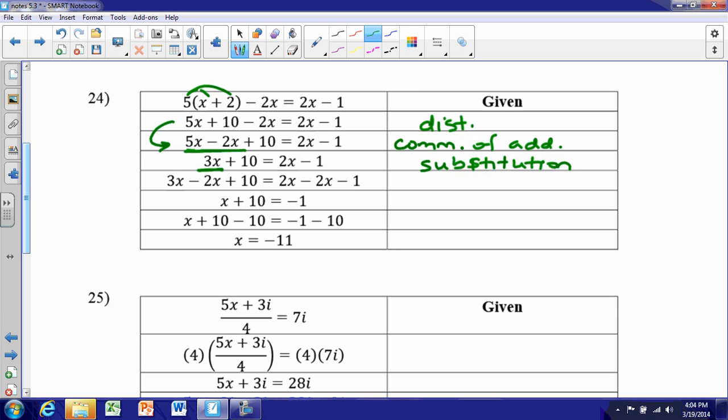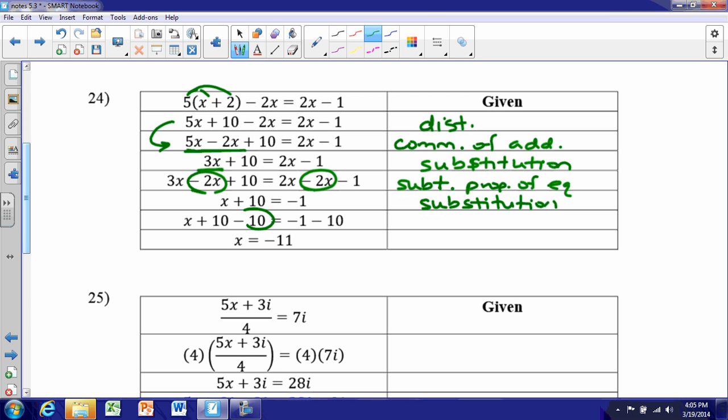All right, looking at the next step, now all of a sudden I do have an extra piece on both sides, and it is joined by subtraction. So that's the subtraction property of equality. And then it appears that I have simplified, so that's substitution again.